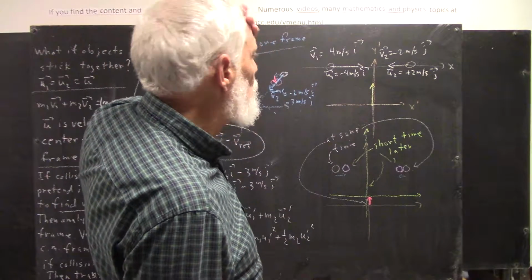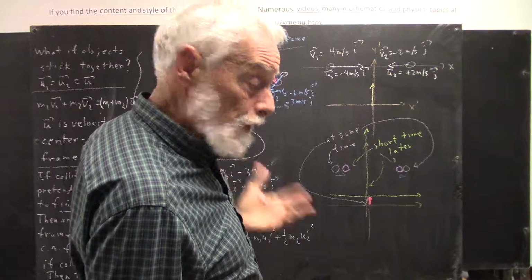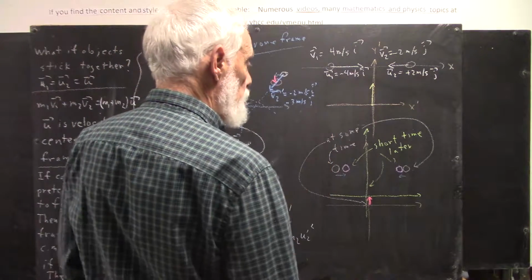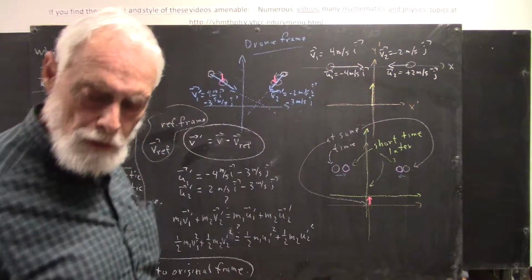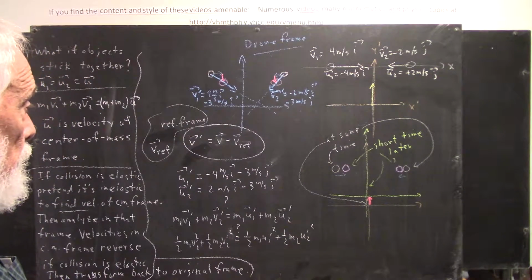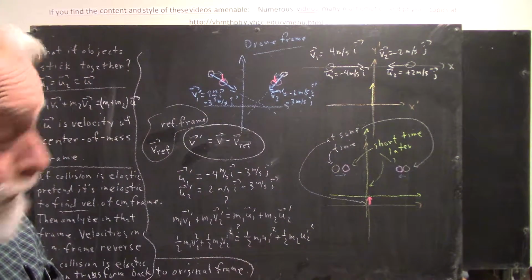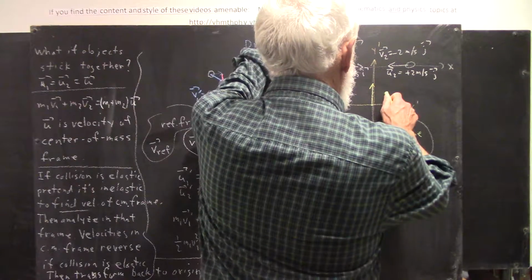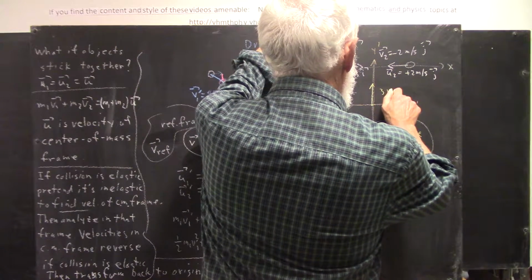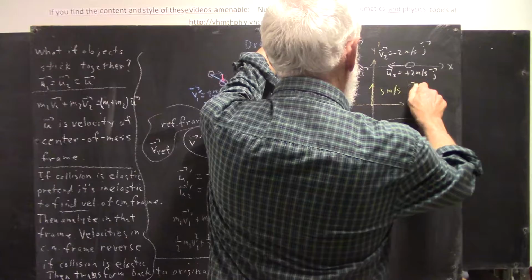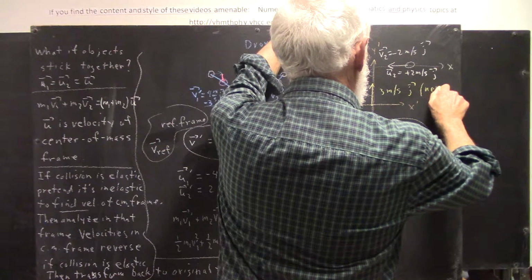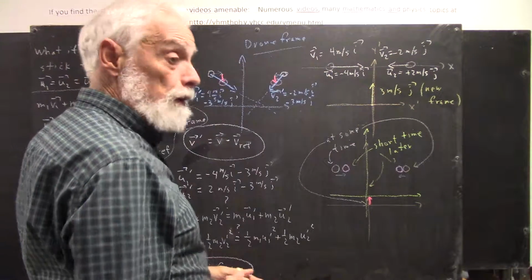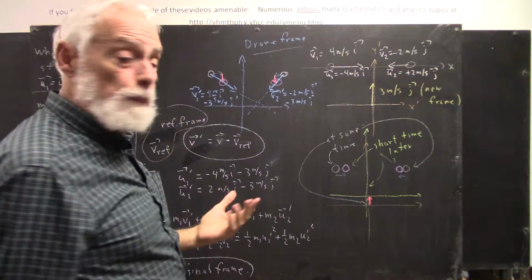Okay, well, now we want to observe this collision, this time from a frame of reference that's moving with velocity 3 meters per second times J, so that we have this velocity in the J direction, and this is a new frame of reference from which the collision is going to be observed.